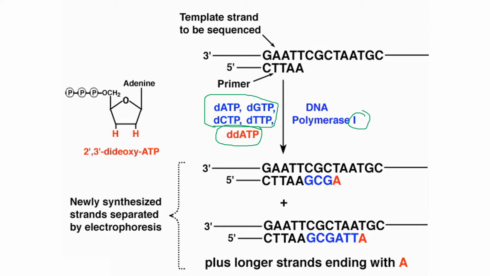However, 1 to 2% of the new DNA chains will be terminated at each point where a dideoxy ATP is inserted and replication stops. So this experiment is then repeated with other dideoxy NTPs, giving the same type of fragments that will terminate at whatever that dideoxy NTP is.